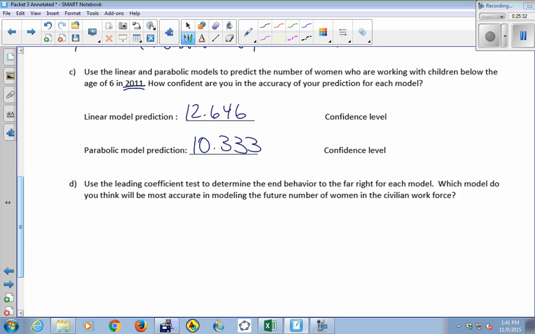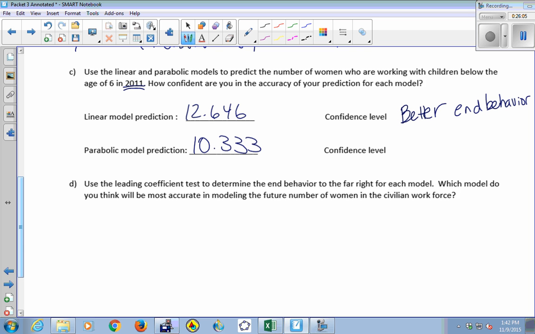Okay. So I'm not going to pick a percentage for my confidence level. I'm just going to say better, right? Better end behavior for the linear model, but the parabolic model fits really well the data that I have. So if I want to do some interpolation, if I wanted to predict 1982, which is in between the given data I have, I would use the parabola.